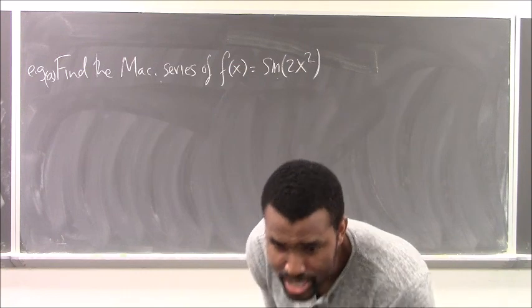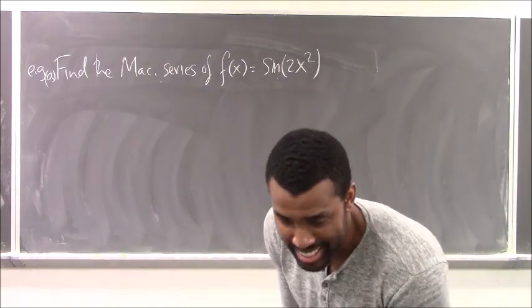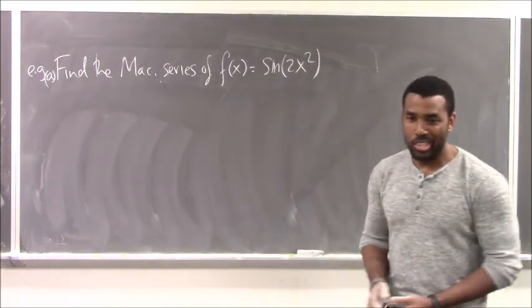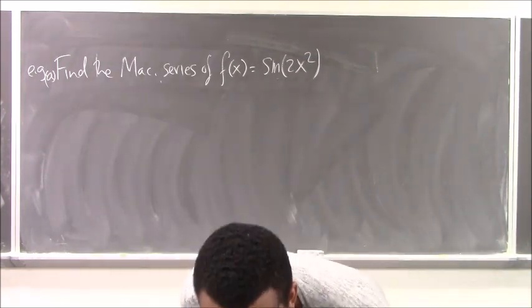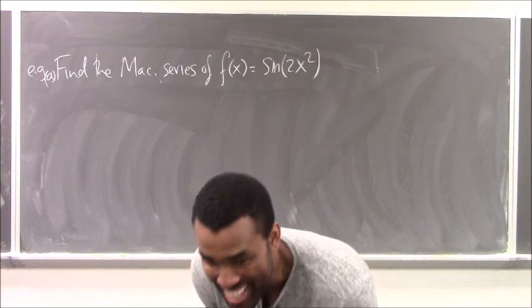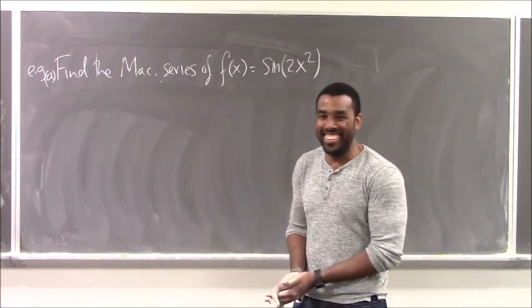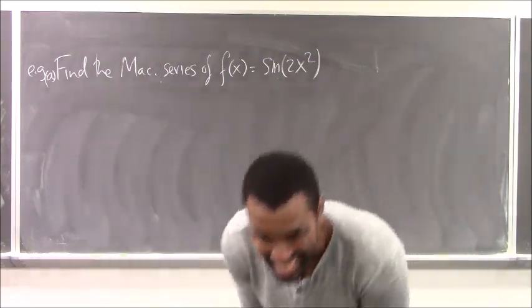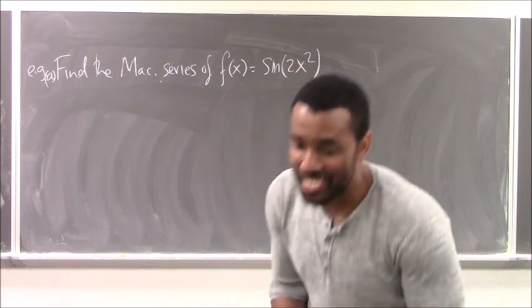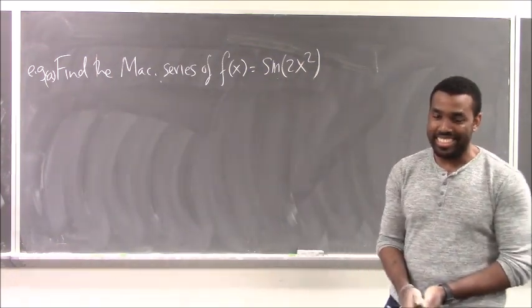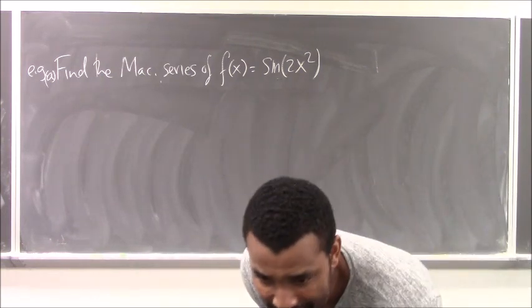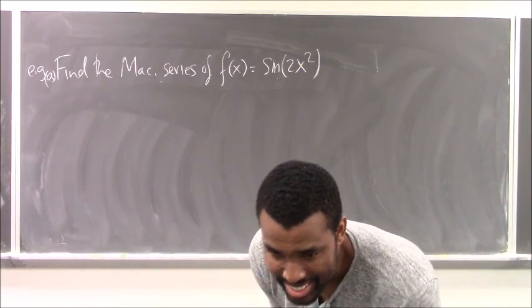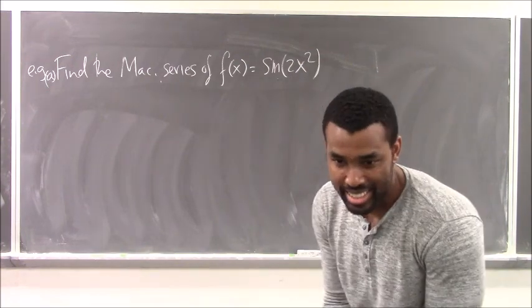Substituting via identities, we're getting warmer. Now the question would be, what identity would you use? Double angle? No, we're getting colder. One more guess.